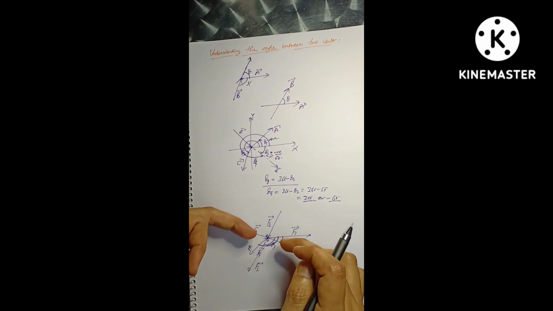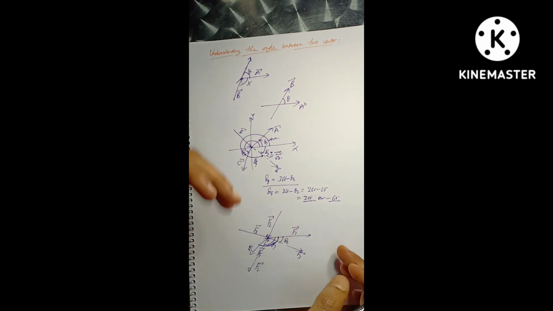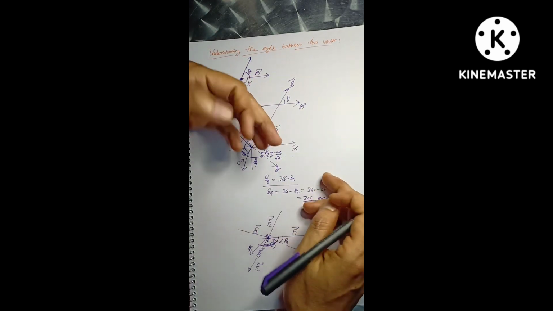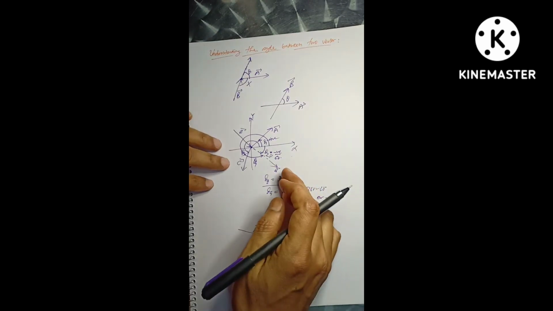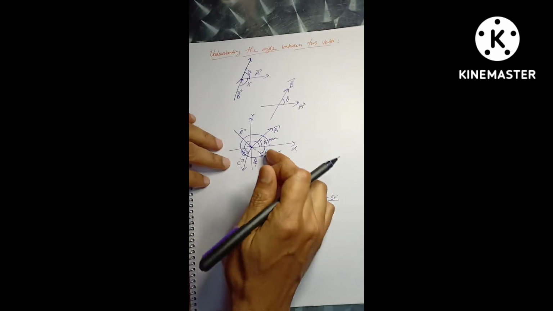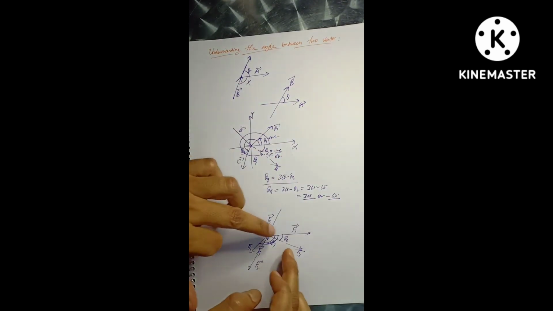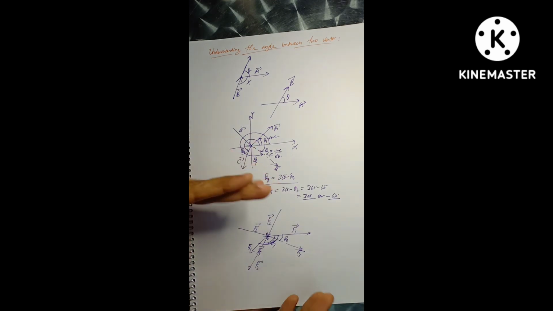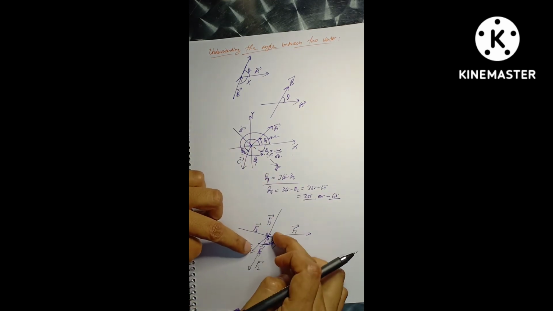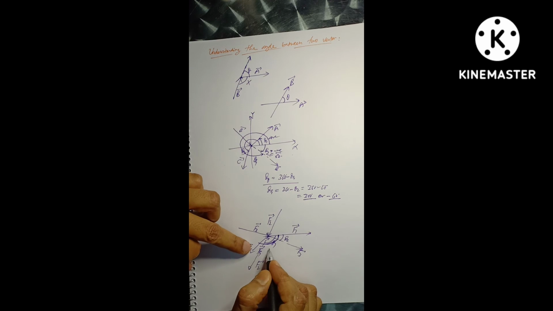But in this case, there is no axis. In the x-axis case, we took the direction of measurement of angle as anti-clockwise, or positive. But this is not an axial case.